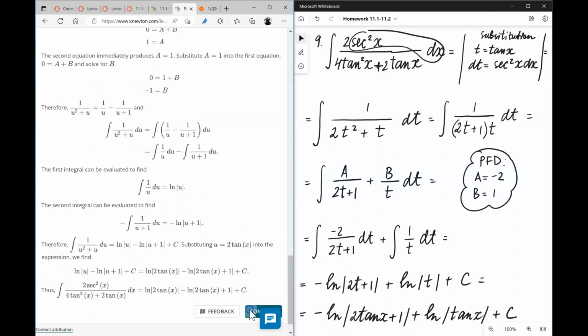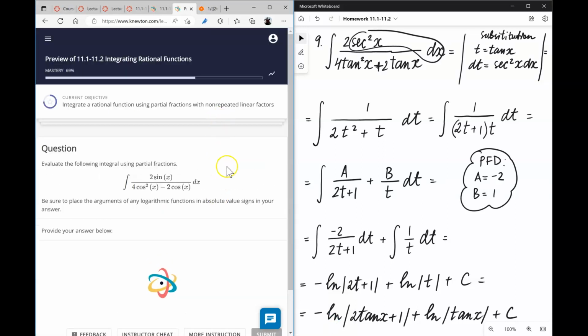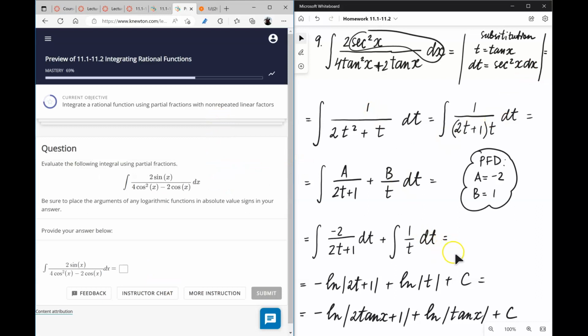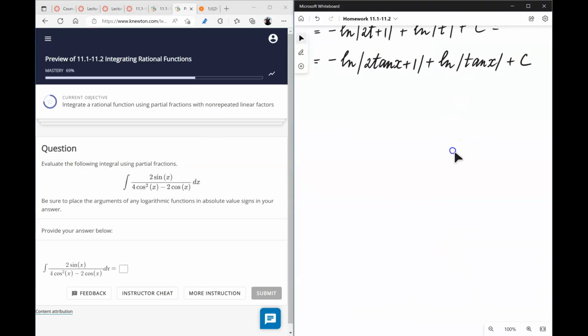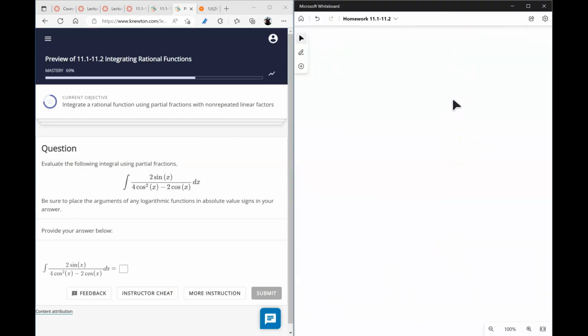All right, continuing to the next problem. Very similar problem to what we just did. The first step is to probably clean up the integral and reduce all those extra 2's. They're just not necessary.